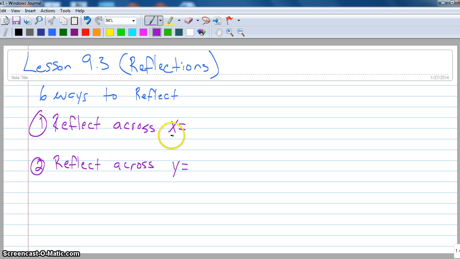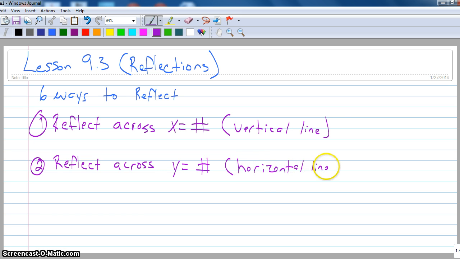Now, when you have x equals a number, it makes a vertical line. When you have y equals a number, it makes a horizontal line. Vertical goes up and down, horizontal goes side to side.